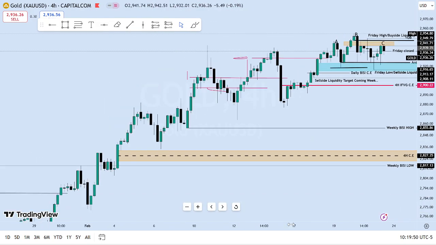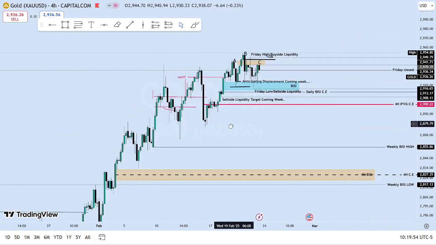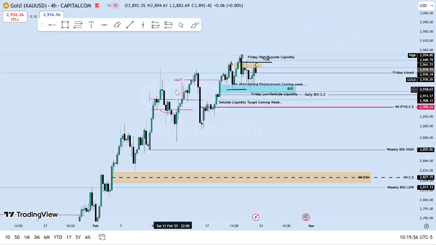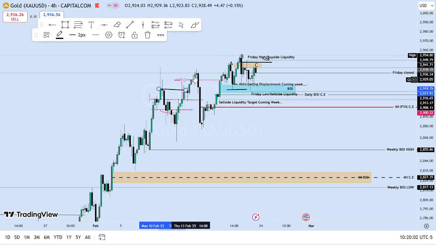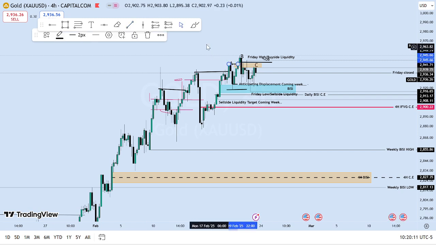If we look at price action, you see we have a higher high, price making a higher high, break above, then coming over here, a lower high.